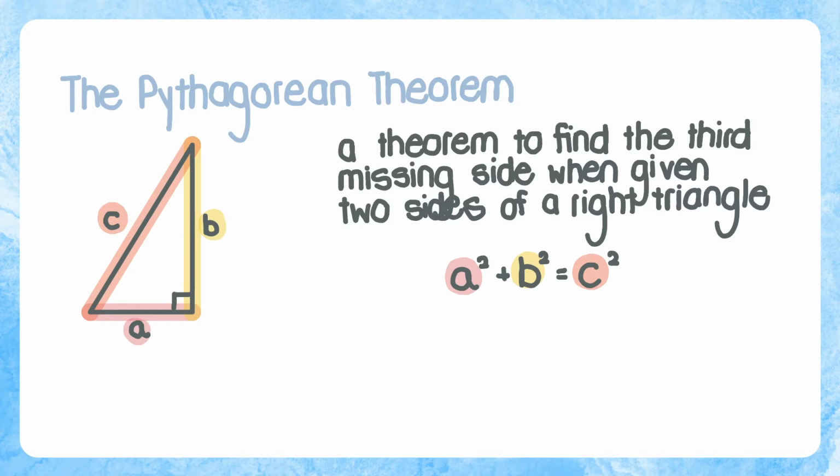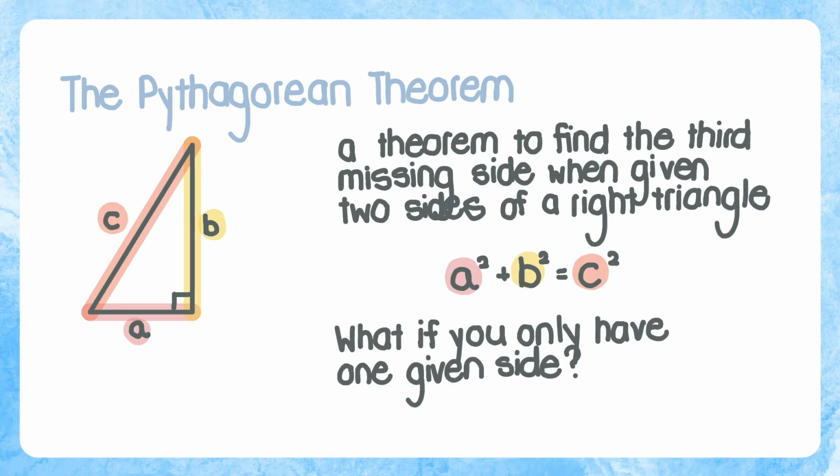And the Pythagorean theorem states that a squared plus b squared equals c squared. A and b are the leg lengths, and c is the length of the hypotenuse. Remember that the hypotenuse is always on the opposite side of the right angle.